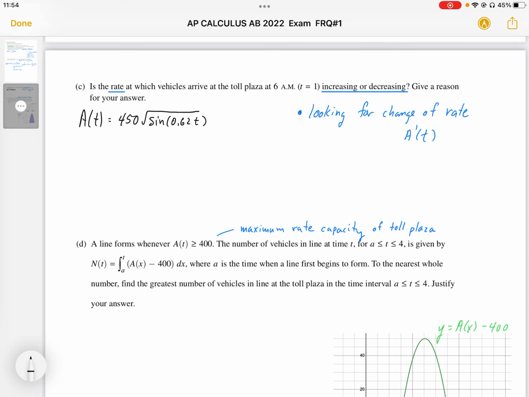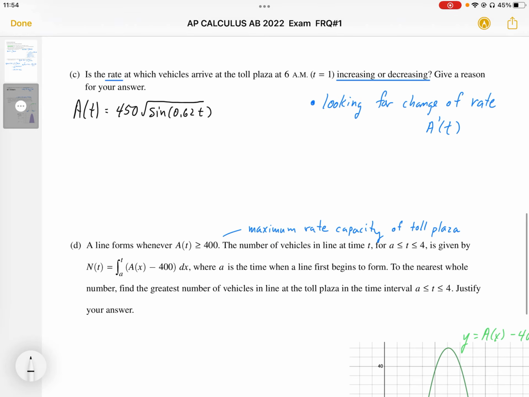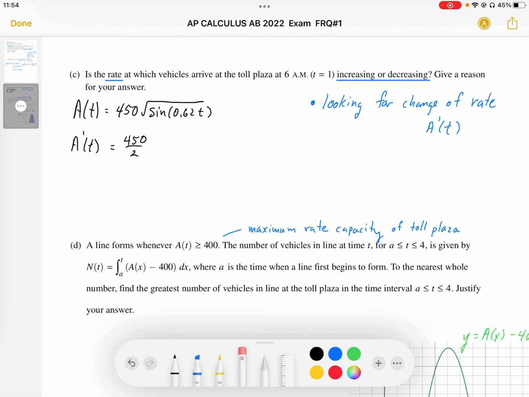I'm going to take my A function and differentiate it. So differentiating this, I get A prime of t is equal to, I'm going to differentiate the square root. So this becomes sine to the power of negative 1/2.